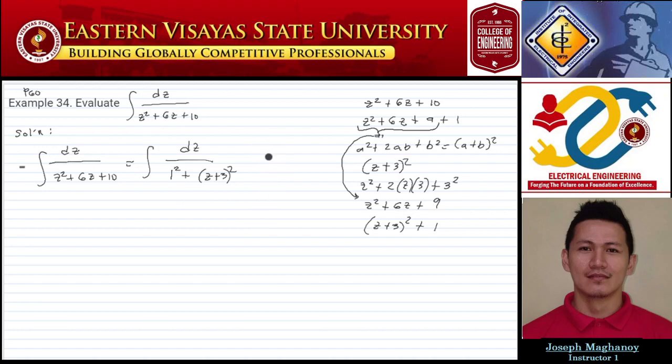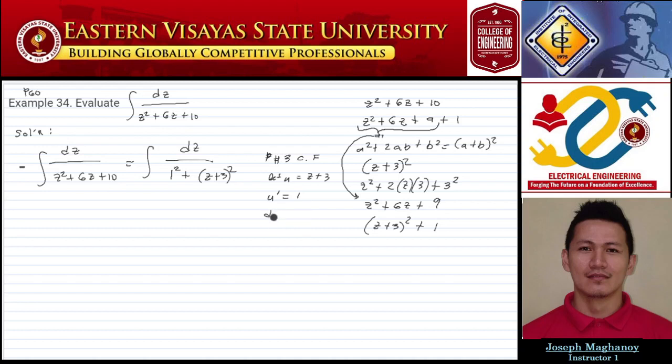Our property number 3. If we're going to determine our correction factor, so if we let our u equal to z plus 3, we can say that the first derivative of z plus 3 is 1.